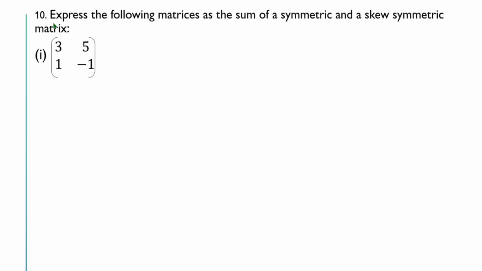Next question, express the following matrices as the sum of a symmetric and a skew symmetric matrix. The first subdivision, 3, 5, 1, minus 1. So first let A be equal to the given matrix 3, 5, 1, minus 1.